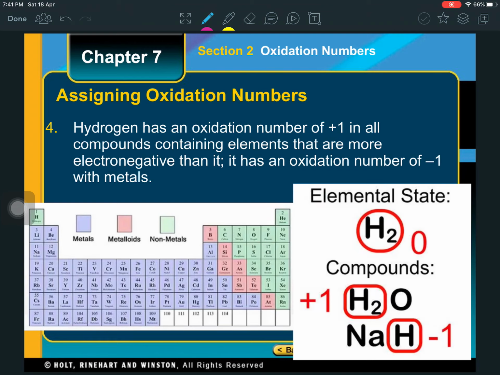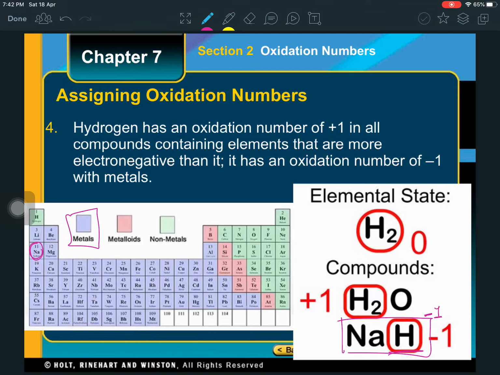However, the opposite happens when hydrogen is bound to a metal. So like in this case right here, hydrogen is bound to sodium. Sodium is found right here, and it is clearly a metal, right? In this case, hydrogen has an oxidation state of -1.